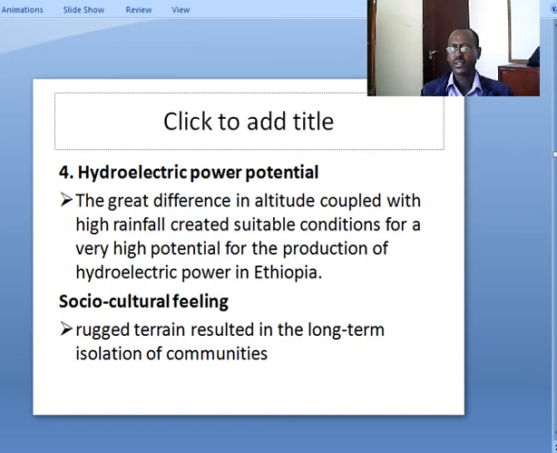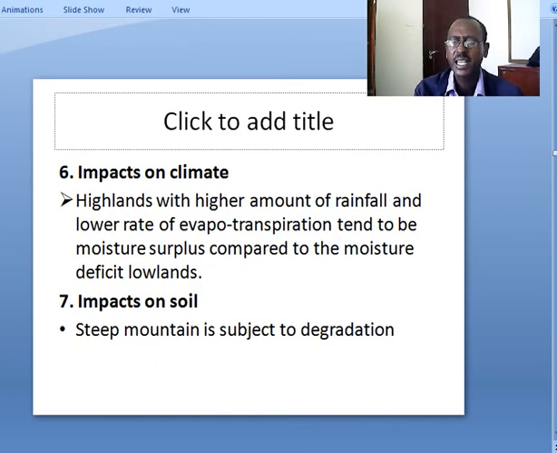5. Socio-cultural. Rugged terrain resulted in the long-term isolation of communities. Because of the terrain, communities cannot come together. 6. Impacts on climate.